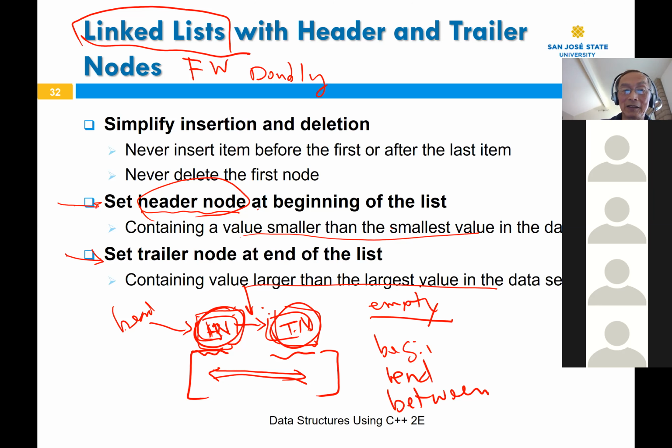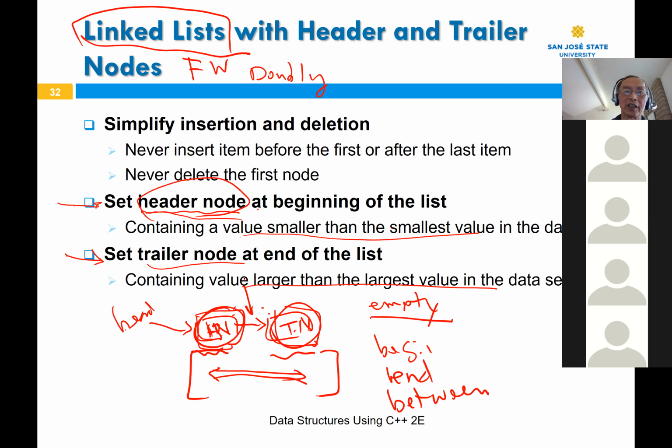Make sense? For this type of linked list to work, you need a convenient way of creating the header node and the trailer node. When the constructor of the linked list is called, it automatically generates these two nodes into the linked list.